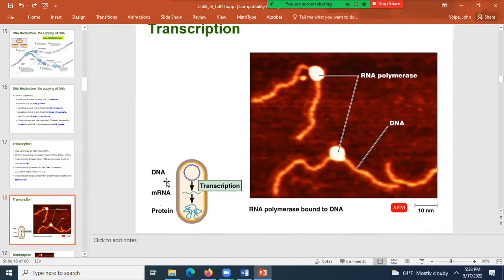Remember, this is an oversimplification. DNA can be transcribed as rRNA or tRNA, in which case there's no translation into protein. But most of the genes will be transcribed as messenger RNA, and then the messenger RNA will be translated into protein.